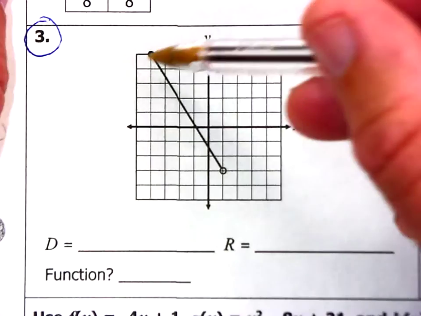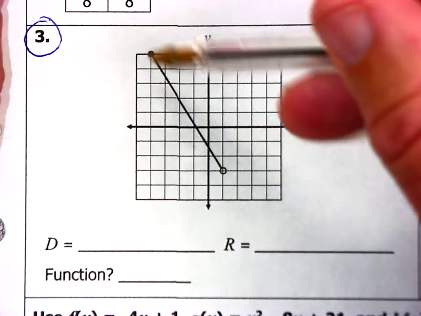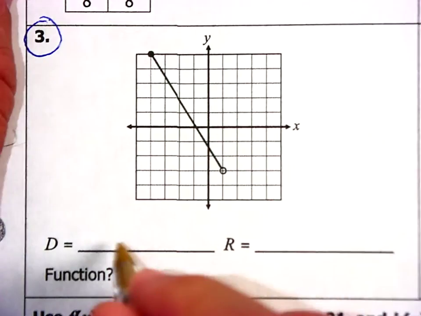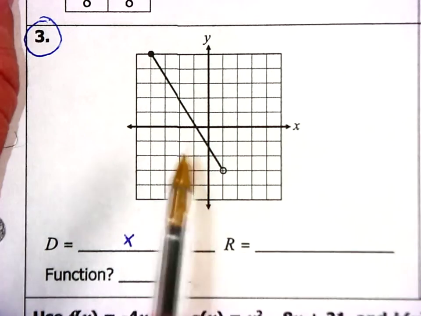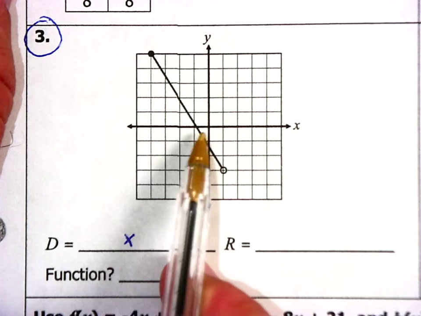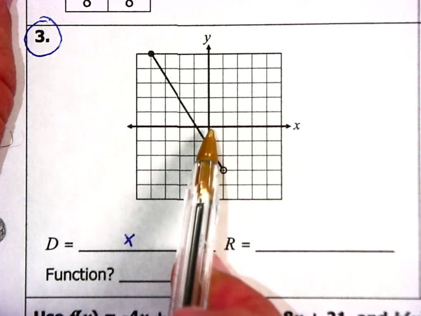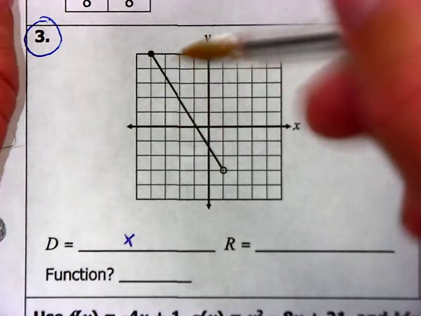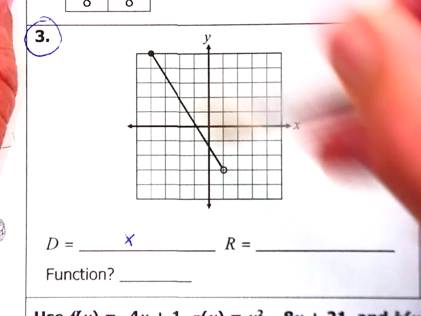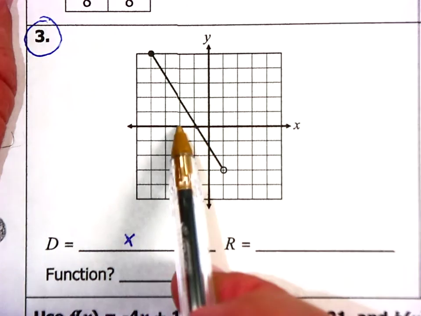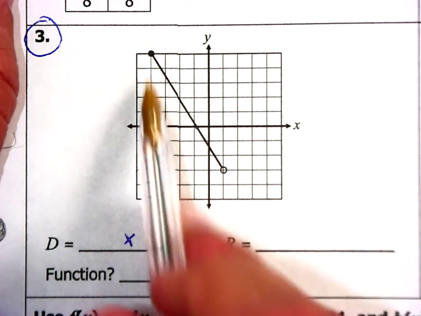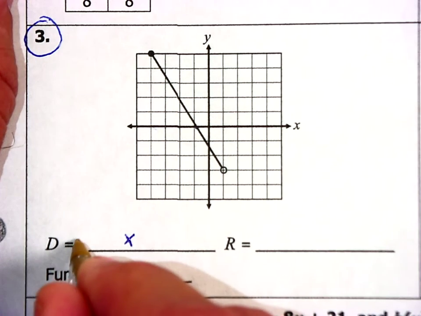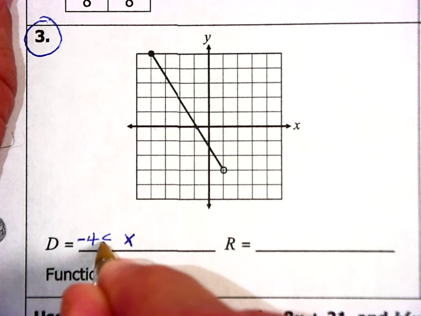Now look, this is a continuous one. I thought I would choose one that was continuous just to show you the difference. You're going to put x in the middle here, and you're going to go with your eyes and scan just left to right. The furthest left you can go on this segment is -1, -2, -3, -4. Look, on the x-axis, -4 is the furthest left you can go. So you're going to put -4 less than or equal to x.